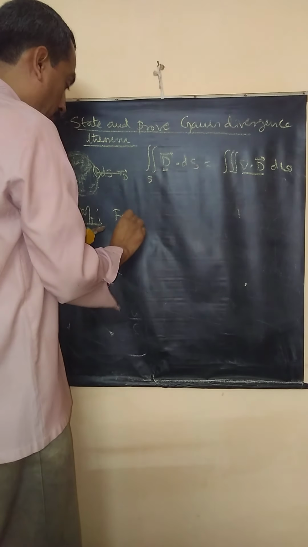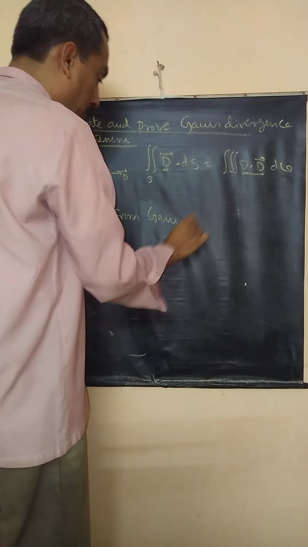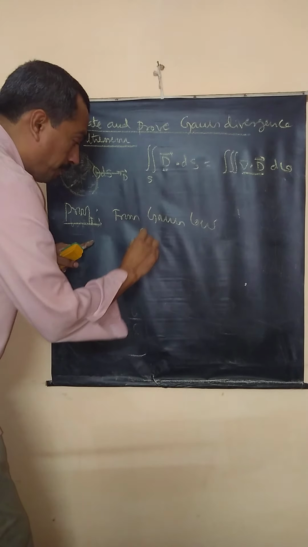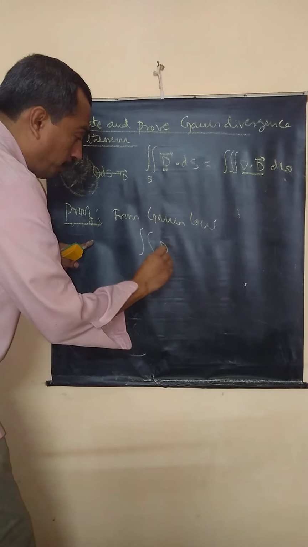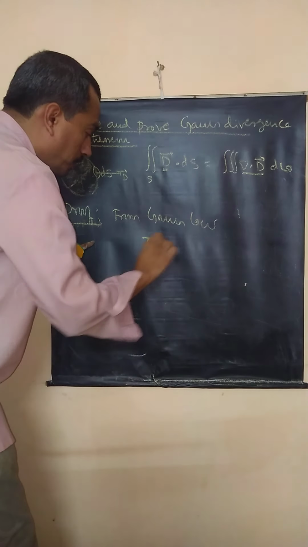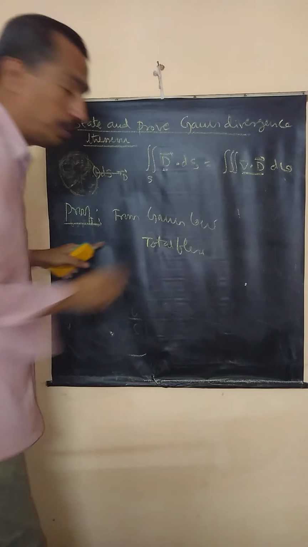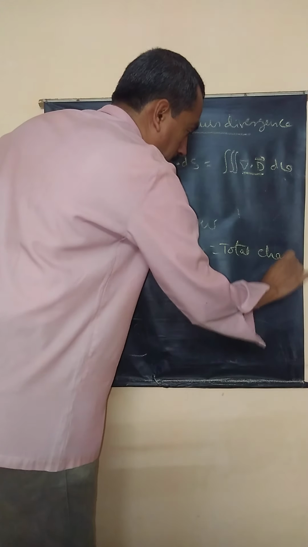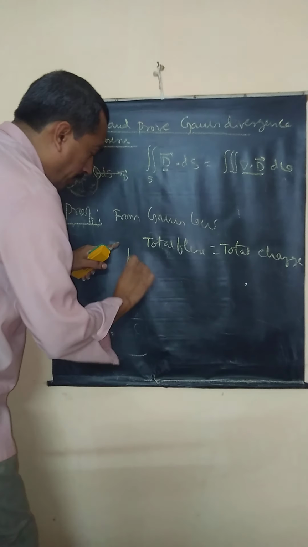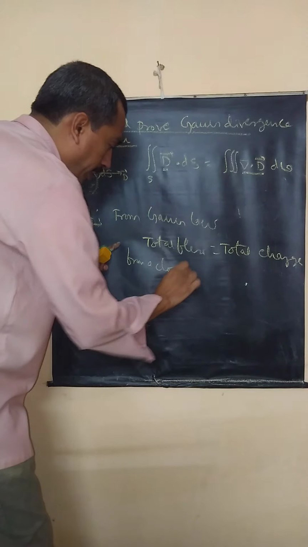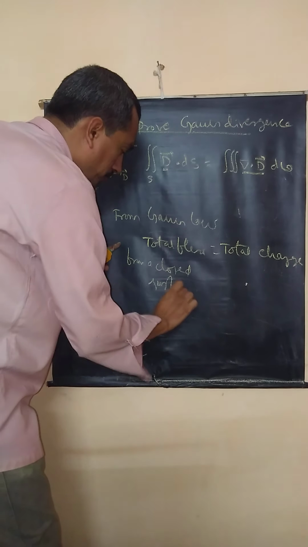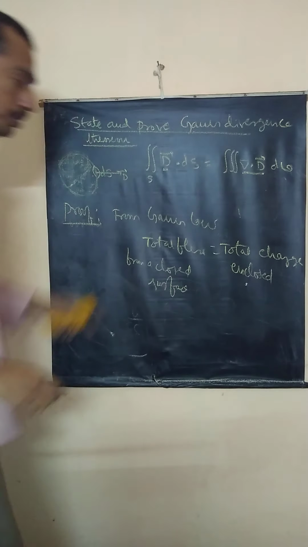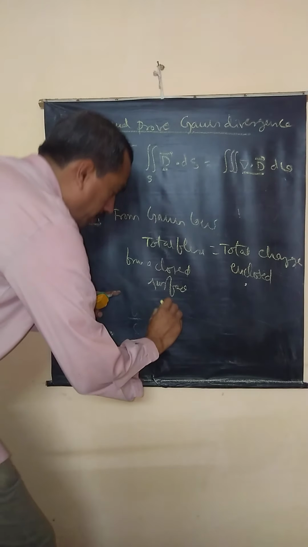See here, from Gauss law, we know, see here, total flux is equal to total charge enclosed. Total flux from a closed surface is equal to total charge enclosed. So what do we write?